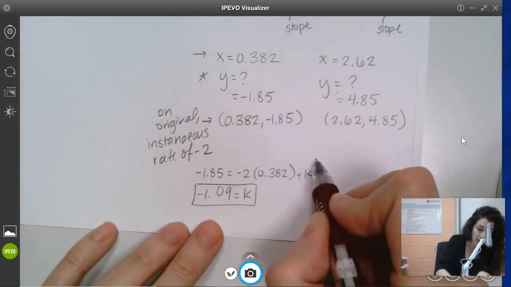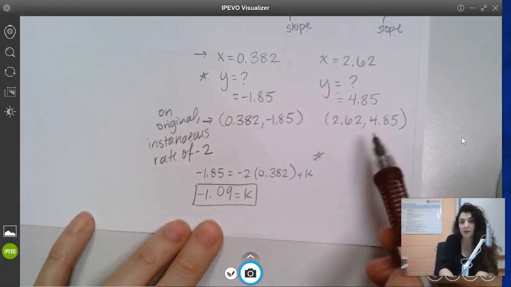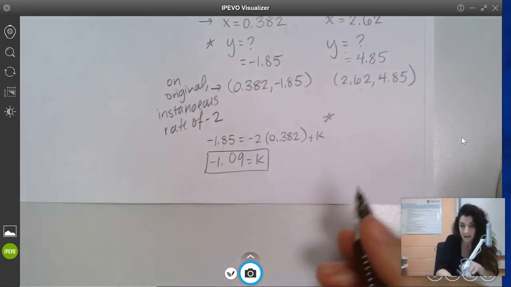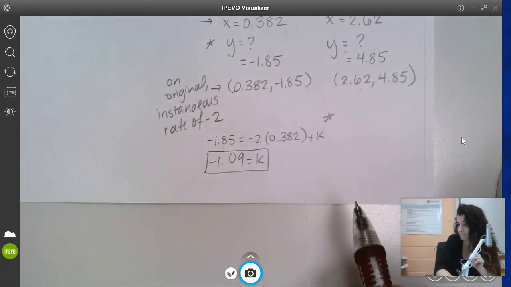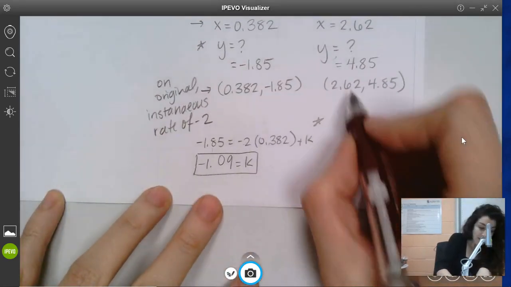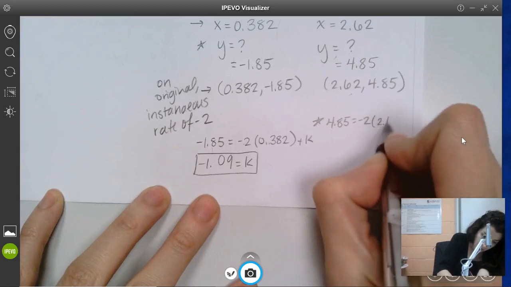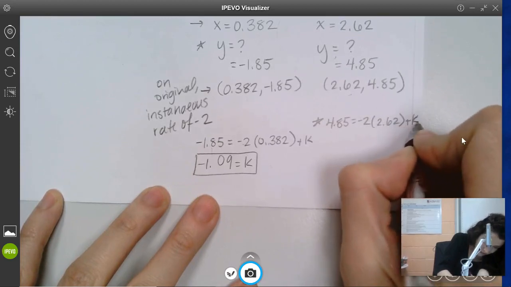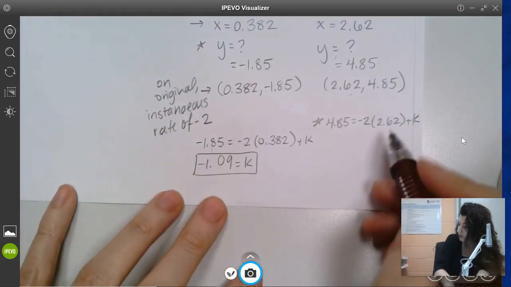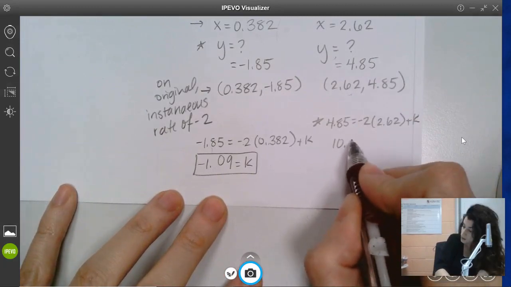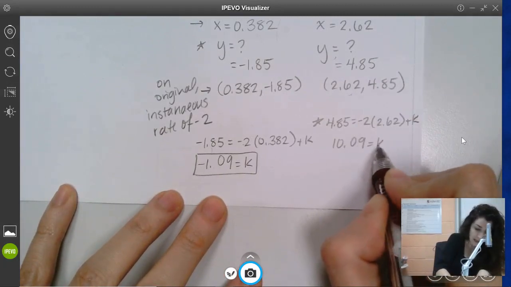I would like for you to go ahead and solve for the other value of k using our second point. So we plug in 4.85 equals -2 times 2.62 plus k. Solving for that, you could use numerical solve if you want to, we get 10.09 equals k.